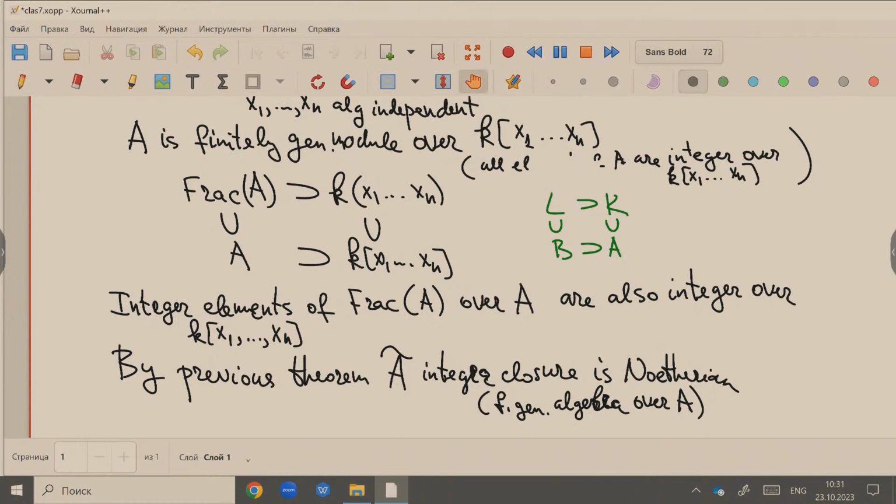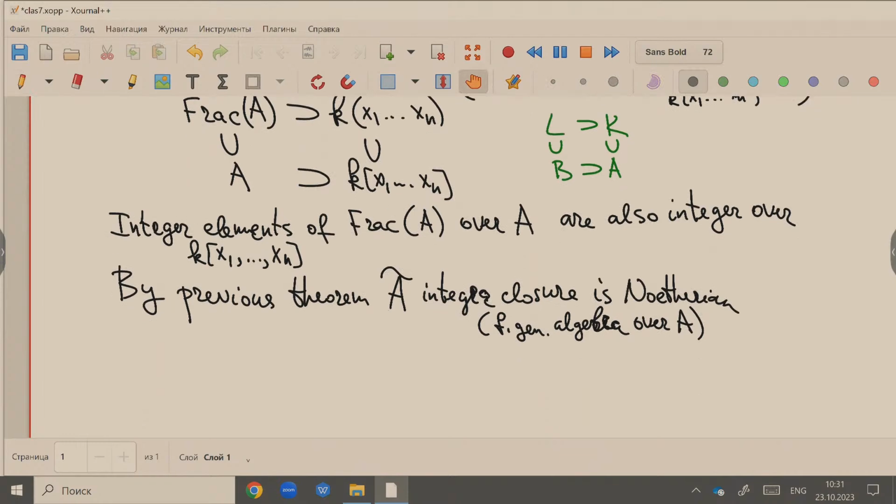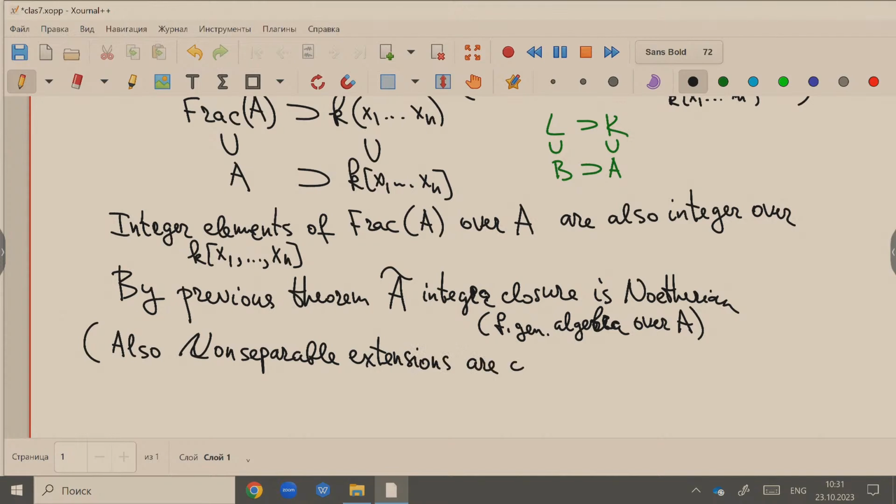This is done similarly, because non-separable extensions are more or less adding p-th roots of the elements. So it is not a pain at all here. The non-separable extensions are considered separately.